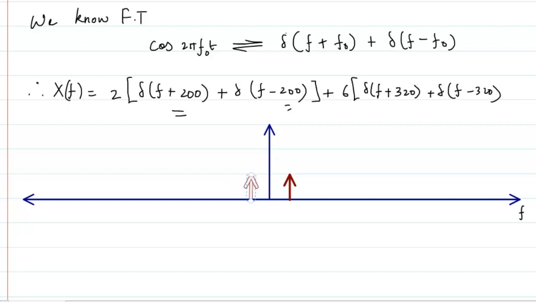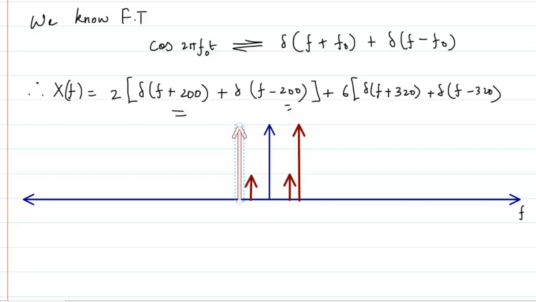The next is 320. 320 again it will be close, but its height is 6 times, so I will draw like this. Okay, so the second case also I will draw it like this. So this is what my x of f is, correct?